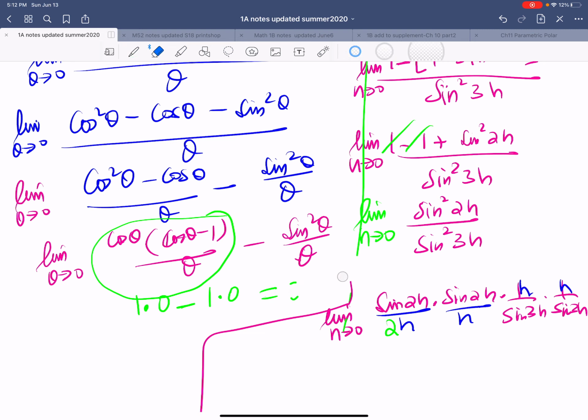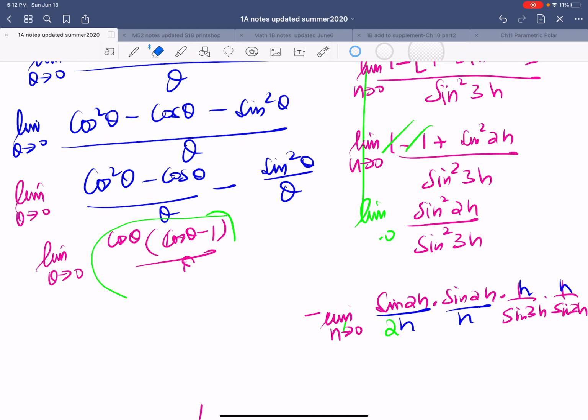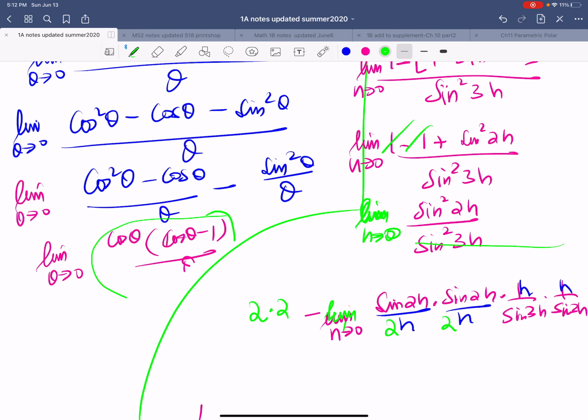I need to erase a part of the other problem to give myself a little more space. Alright, and this was the limit as h approaches 0. So we are dividing by 2, multiplying by 2, dividing by 2, multiplying by 2, multiplying by 3, dividing by 3, multiplying by 3, dividing by 3.